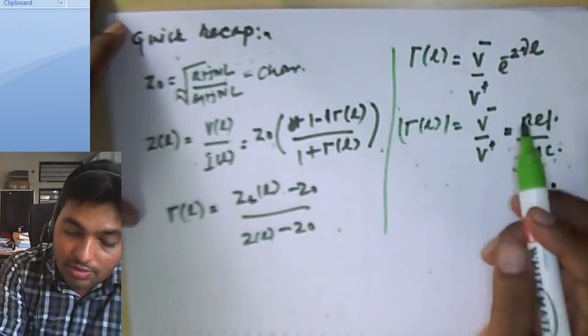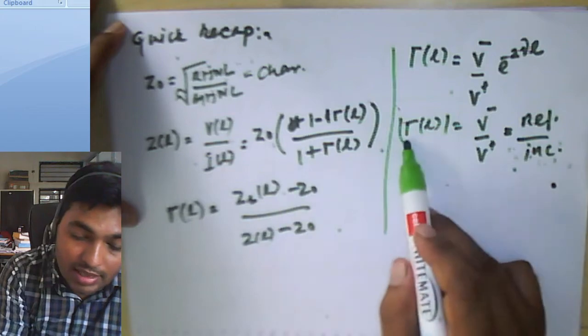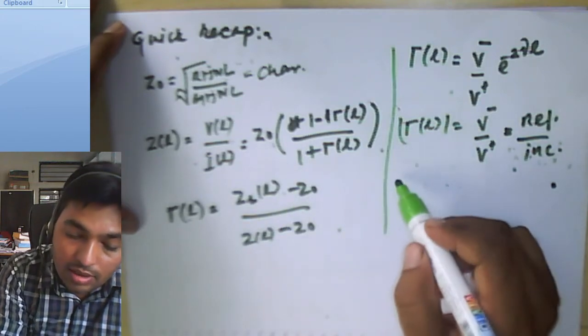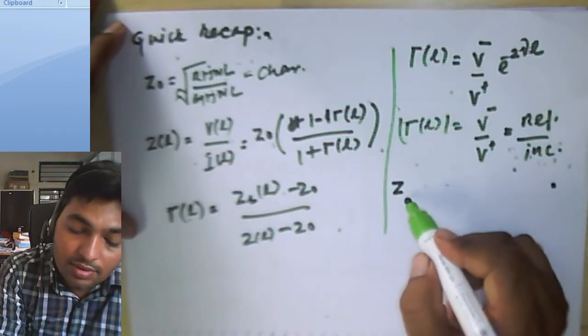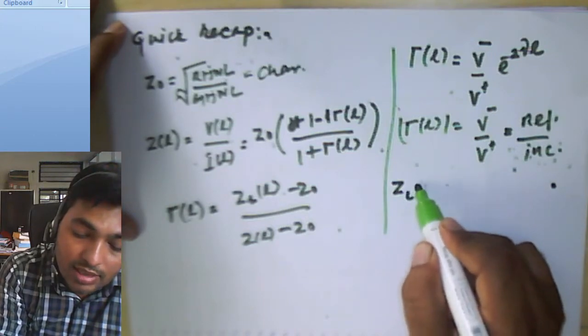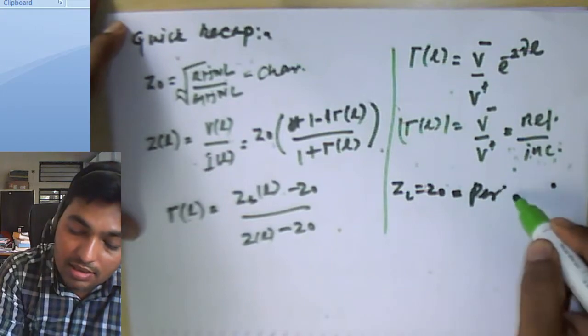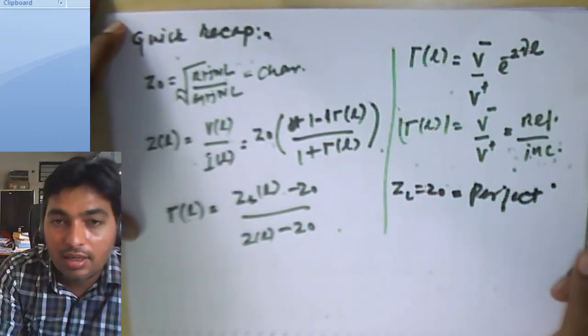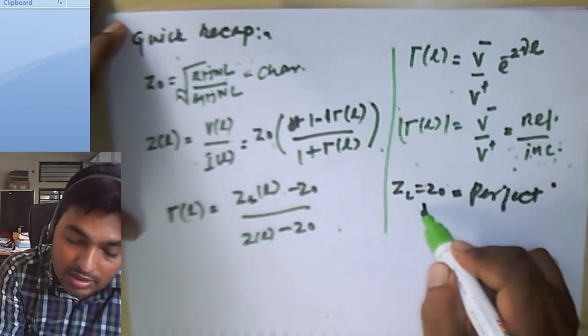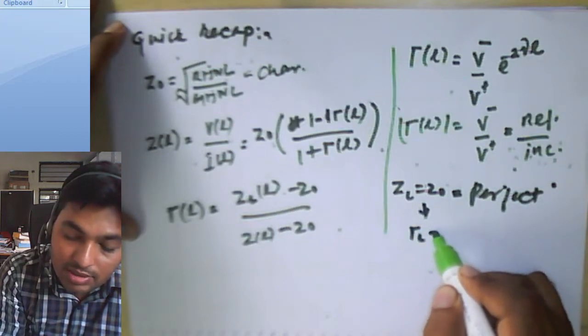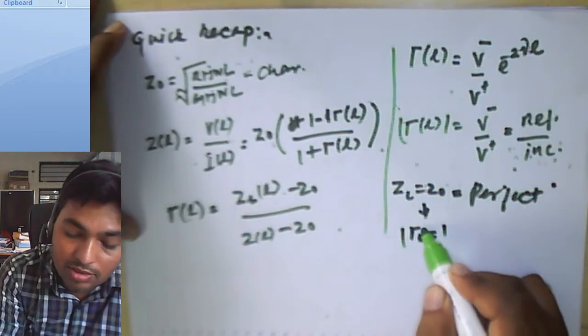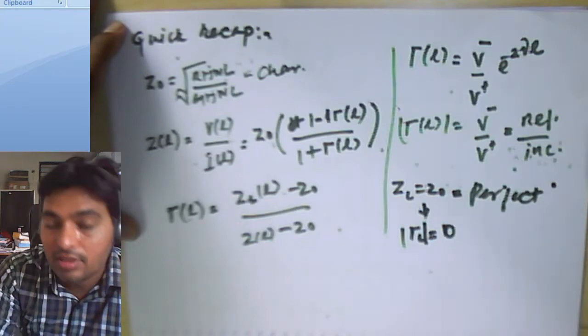And from this, by utilizing these two, we have found out we have three cases. When ZL is equal to Z0, that corresponds to our perfect match case, for this case we obtain the magnitude of reflection coefficient is equal to 0.